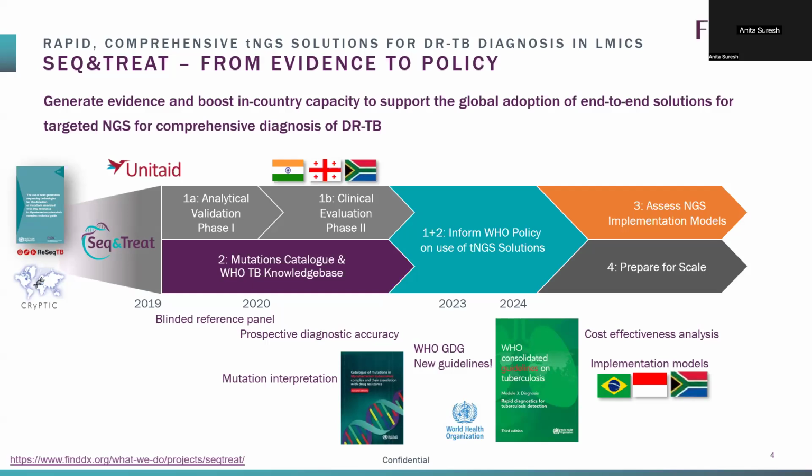In parallel, we worked on a mutations catalog and a knowledge base at the WHO, which is the basis of the engine that powers the catalog. Some catalogs were already published, such as ReSeq TB, Cryptic, and others, but this was a systematic review of various publications, to get to a standardized list, a list of truth, a list of confidence-graded mutations.